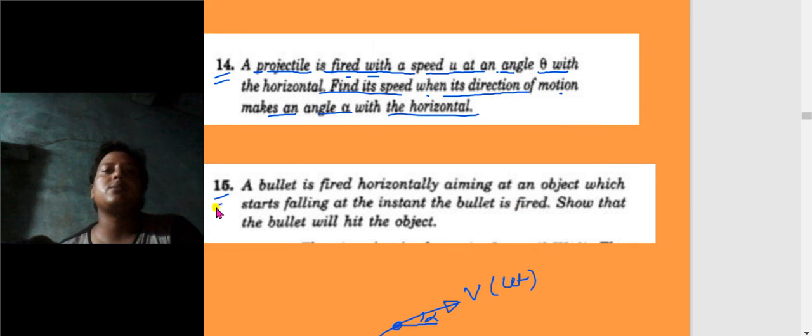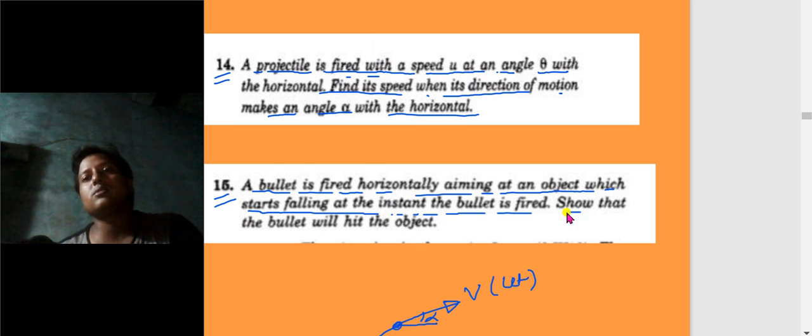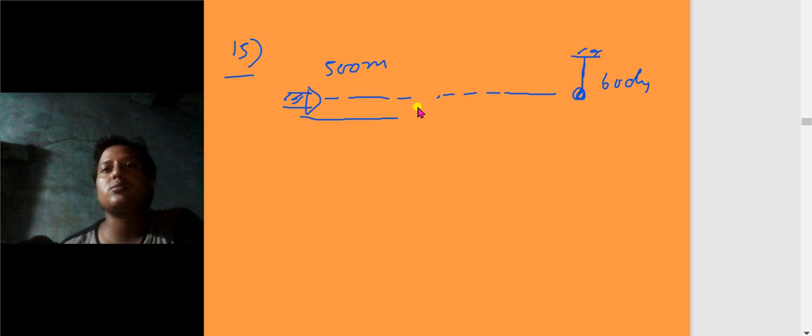Now in question number 15, a bullet is fired horizontally aiming at an object which is falling at the instant the bullet is fired, so that the bullet will hit the object. In question number 15, suppose the bullet range is 500 meter and the body is at a distance of 1 kilometer.